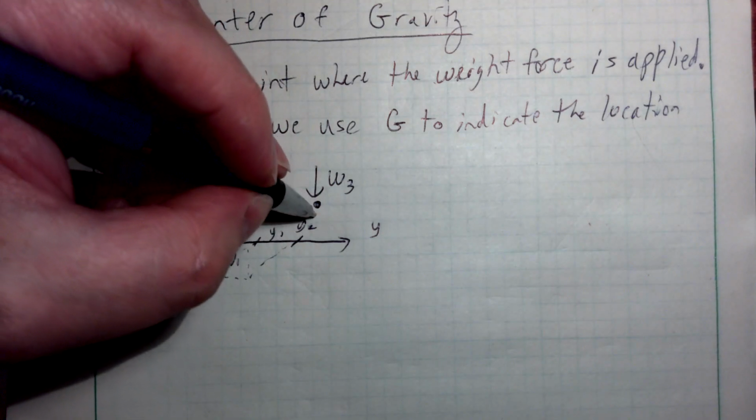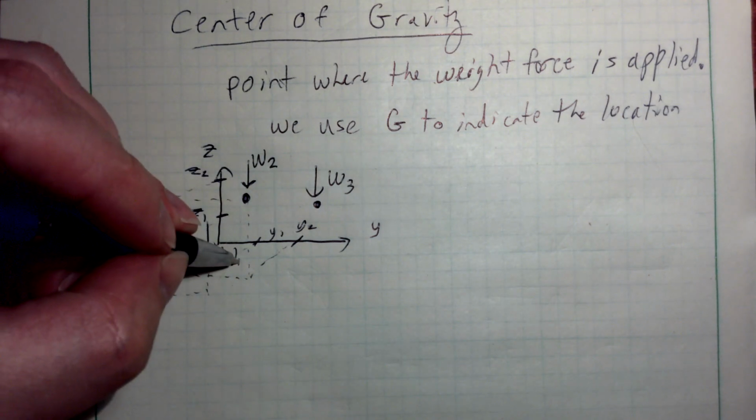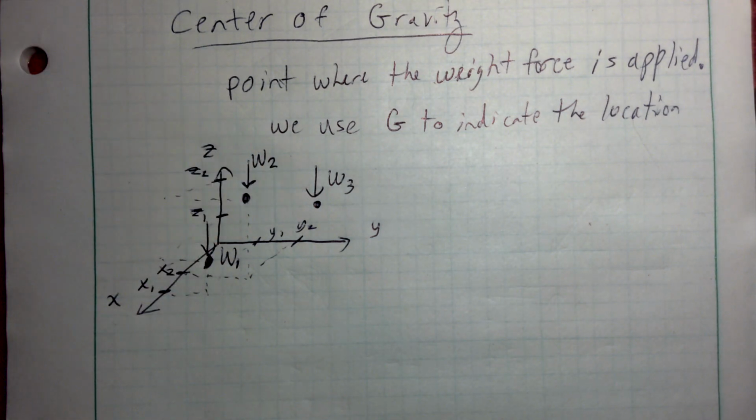And then this guy's over here, right? You get the idea, right? We could label x3, y3, and z3 for that guy. But the point is, each one of these weights 1, 2, and 3, have an x, y, and z location.